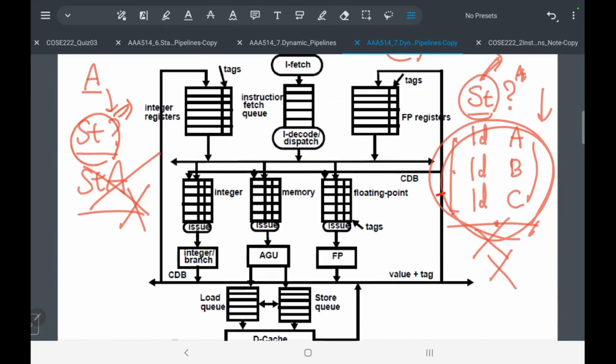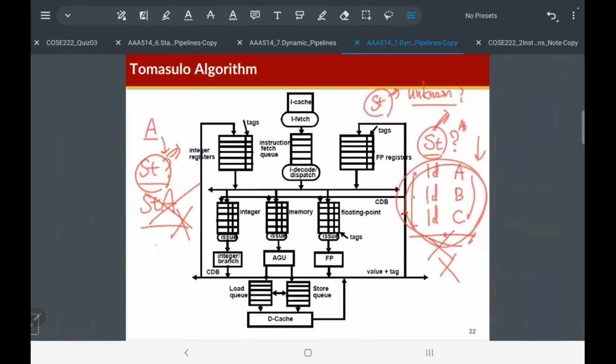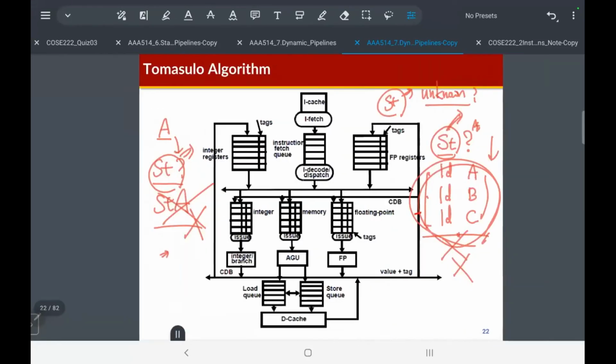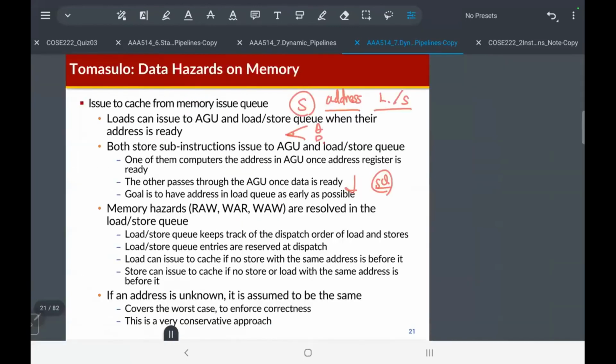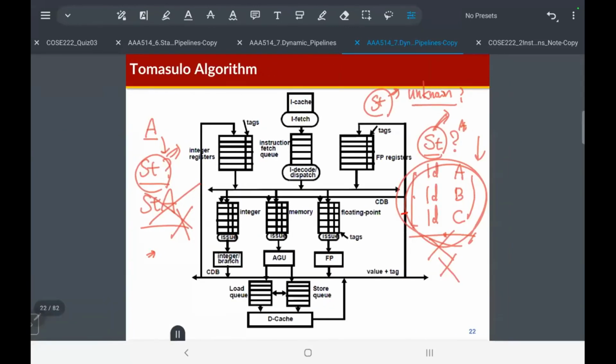So firstly we apply the very conservative approach: if the address of the store instruction is unknown, the following store or load instructions cannot be executed. And as I explained, in order to handle the data hazards on memory, the order of load-store and store-load should also be maintained.